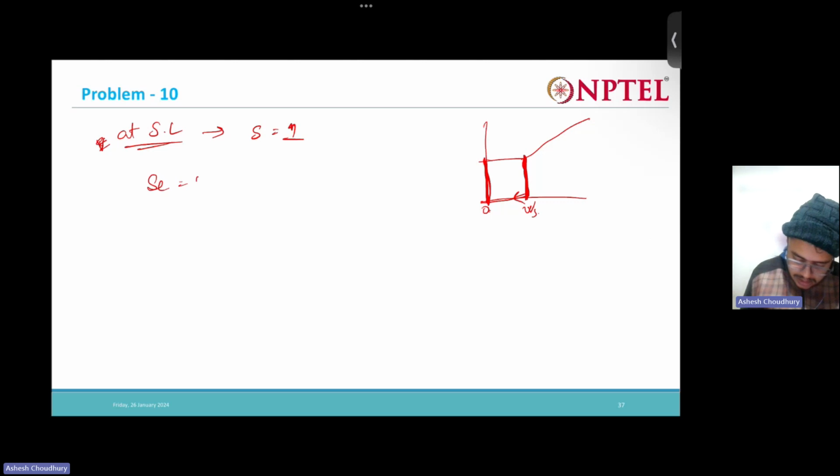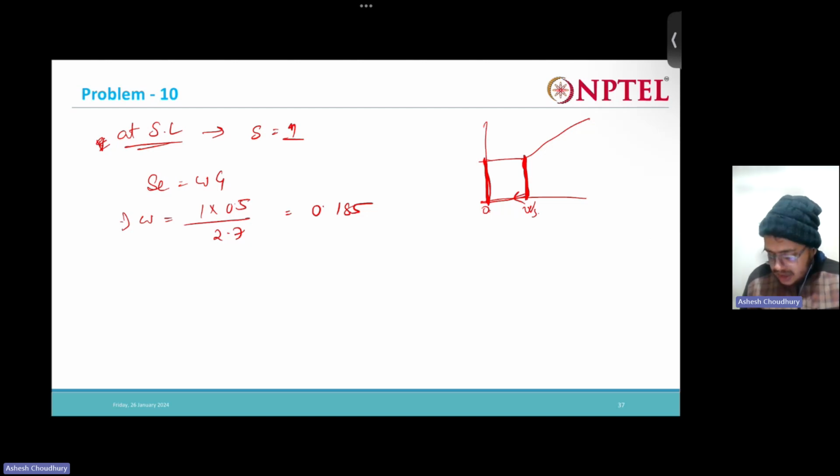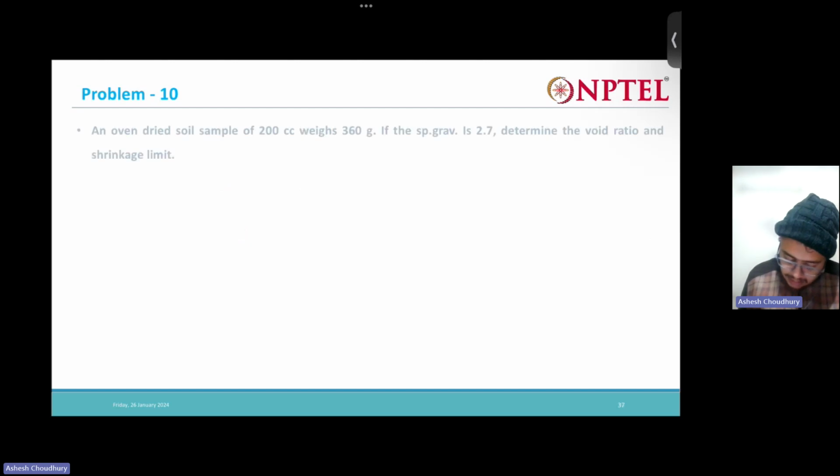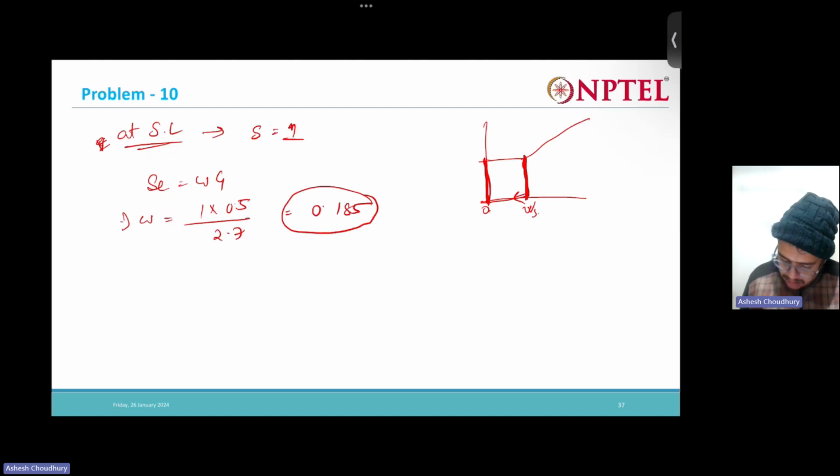Now, if we use the relation from here, we can get the water content: 1 into 0.5 by 2.7. This is the water content at shrinkage limit, so that is the shrinkage limit.